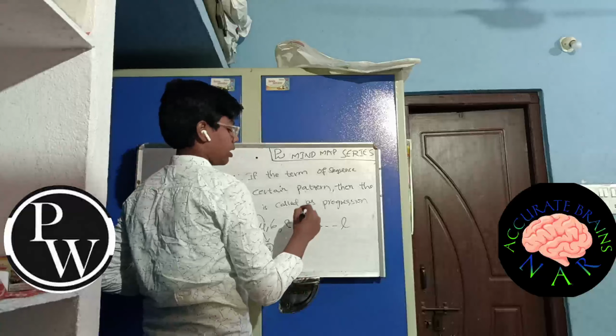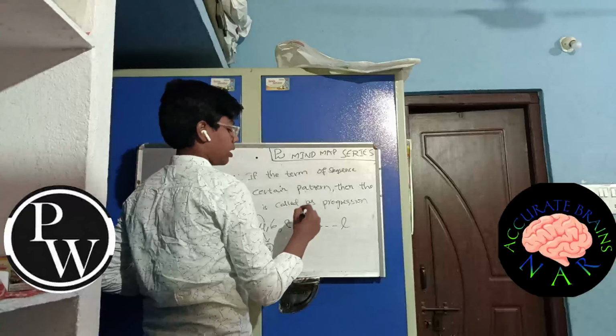Now coming to the series. When the terms of a sequence are added, the resulting expression is called a series. If we take a sequence, like just now we took 2, 4, 6, 8, 10 and so on, this is an infinite sequence, right?